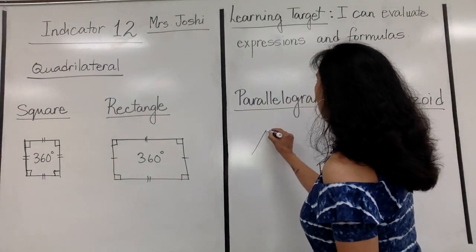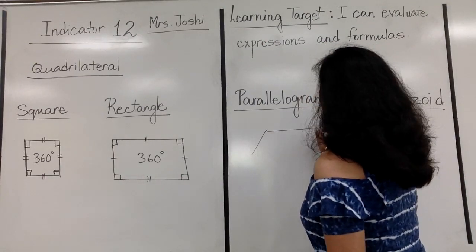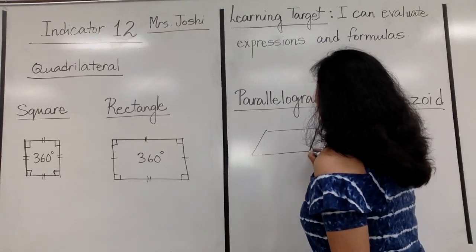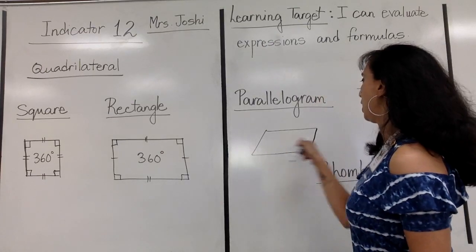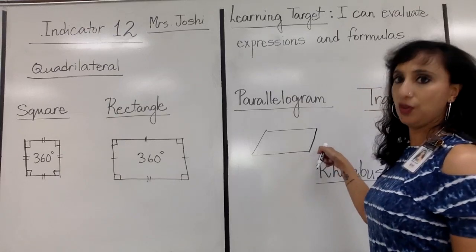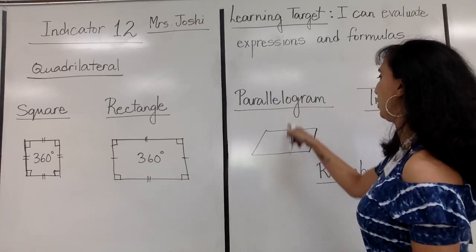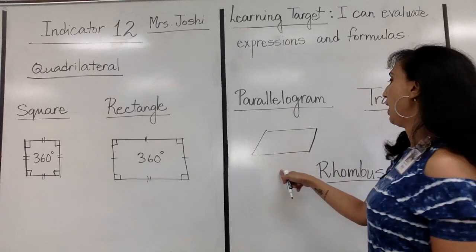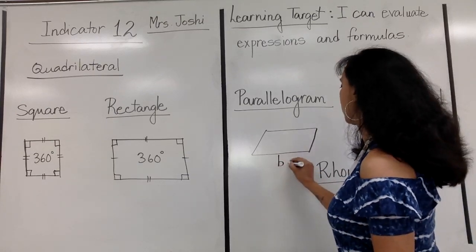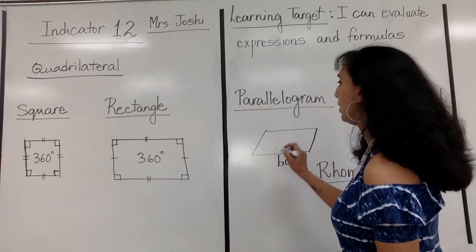Parallelogram, you'll have two slanting like this. So these two are going to be congruent to each other, and these two will be congruent to each other. Okay, but this is a parallelogram. And this is the base of a parallelogram.